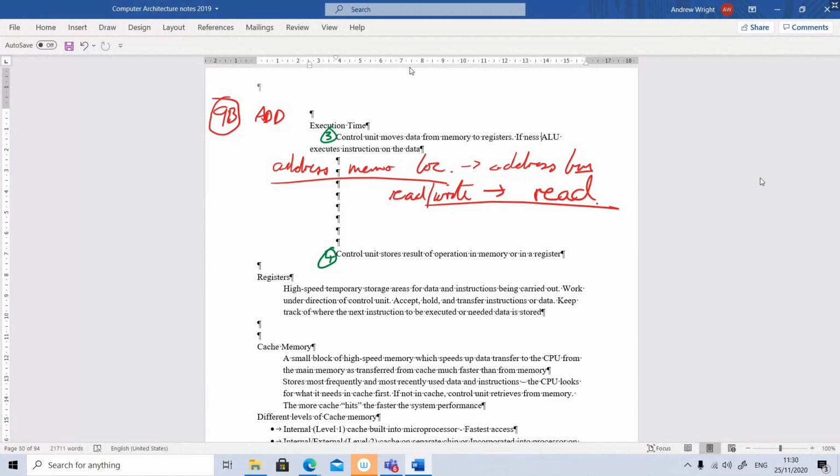If we need to do something like add 3, we can send it to the ALU if appropriate. If it's an add, for instance, or even an OR, it would be sent to the ALU. The ALU does all those basic mathematical functions.